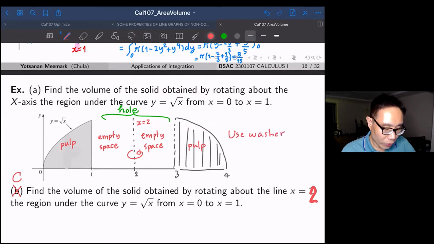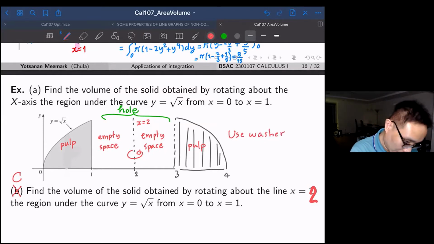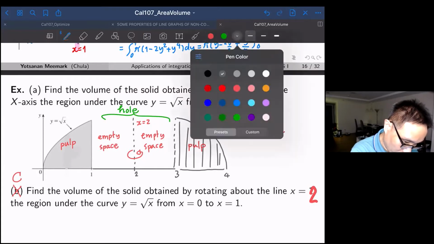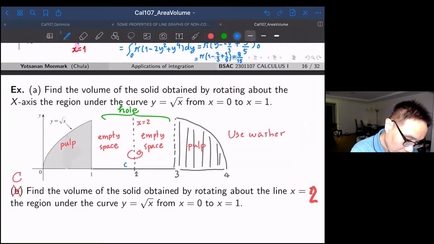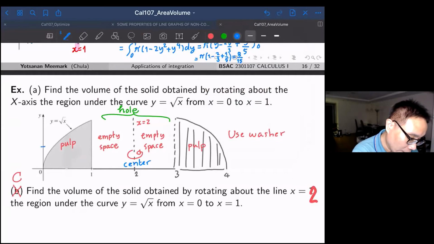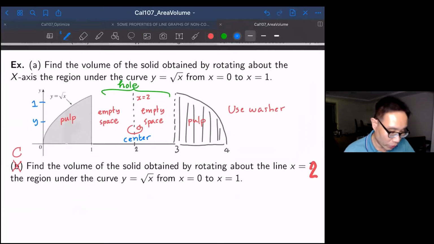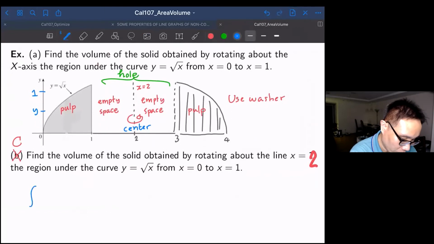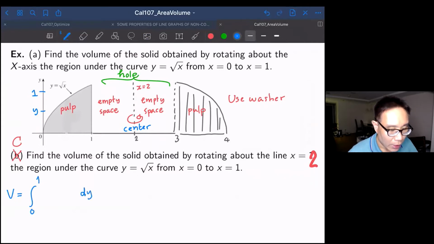So when you integrate, where is your center first? Your center is at x equal to 2, and you're gonna integrate y, not x, so it's gonna be from y equal to 0 to 1 of a washer. So the volume V turned out to be integral from 0 to 1 dy of the washer.